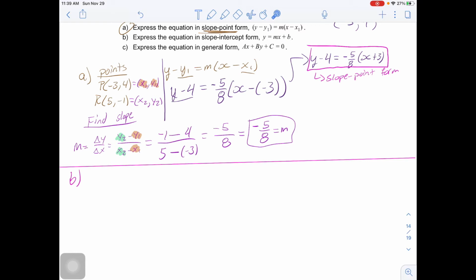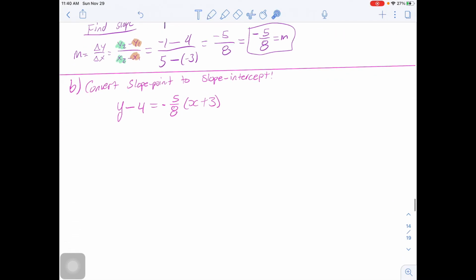So remember, you should be able to convert slope point form to slope intercept form. So I'm going to take my slope point form, y minus 4 equals -5 over 8 x plus 3.